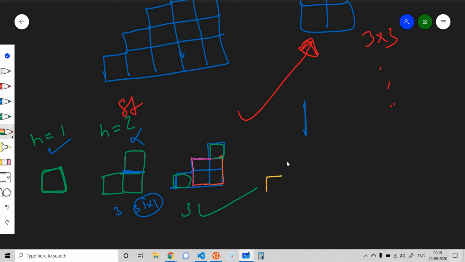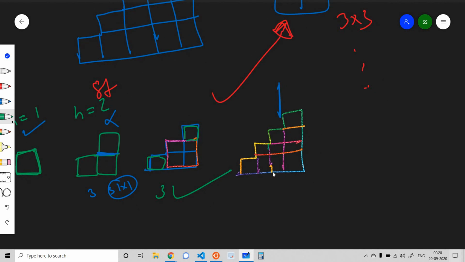And if we move to a staircase of size 4, then if we try to construct it using squares, first of all we should try to make the largest square possible. If we put the bottom right corner at this point, this is the only way we can have a 2 by 2.